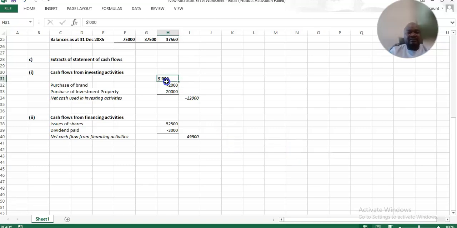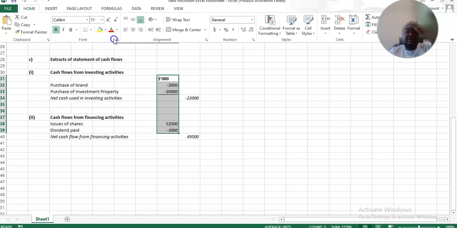Okay, so you can as well align which part of the screen you want.